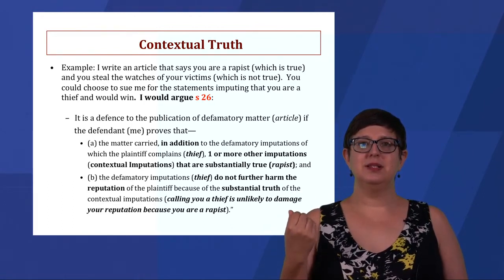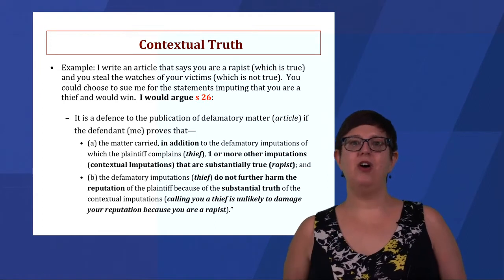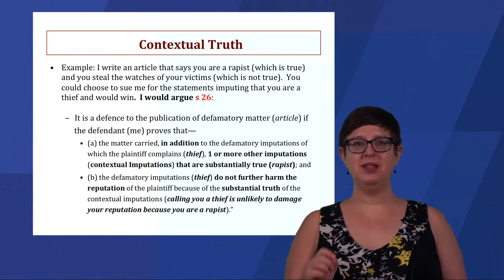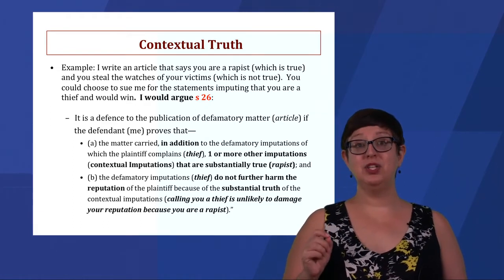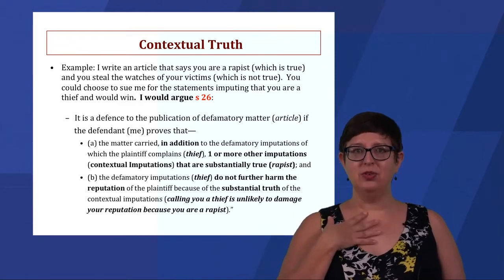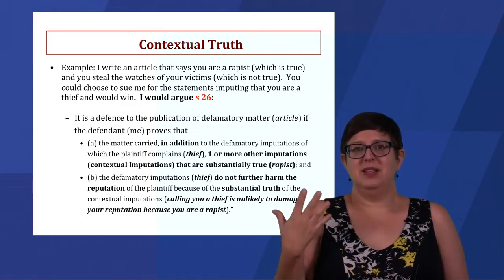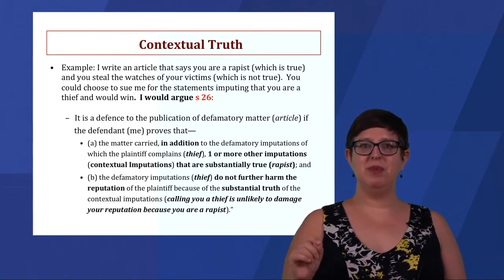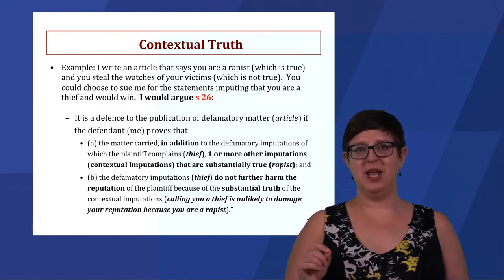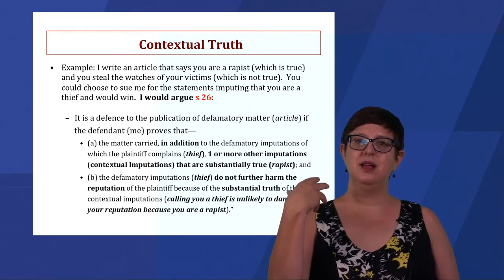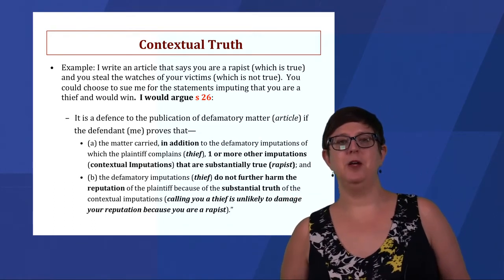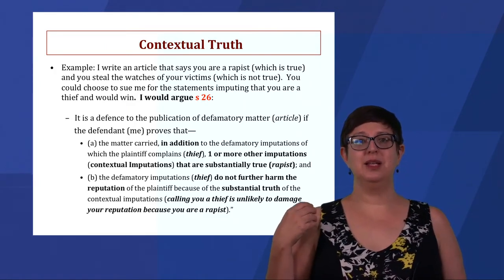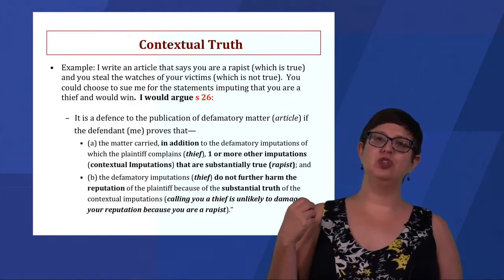And the way that this works is, if you have a look at section 26 of the Defamation Act Queensland, it gives a defence. And that says it's a defence to a publication of defamatory matter, that is my article, if the defendant, in this case me, proves that the matter carried in addition to the defamatory implication of which the plaintiff complains, that is the implication that someone is a thief in my scenario, one or more other implications called contextual implications that are substantially true.